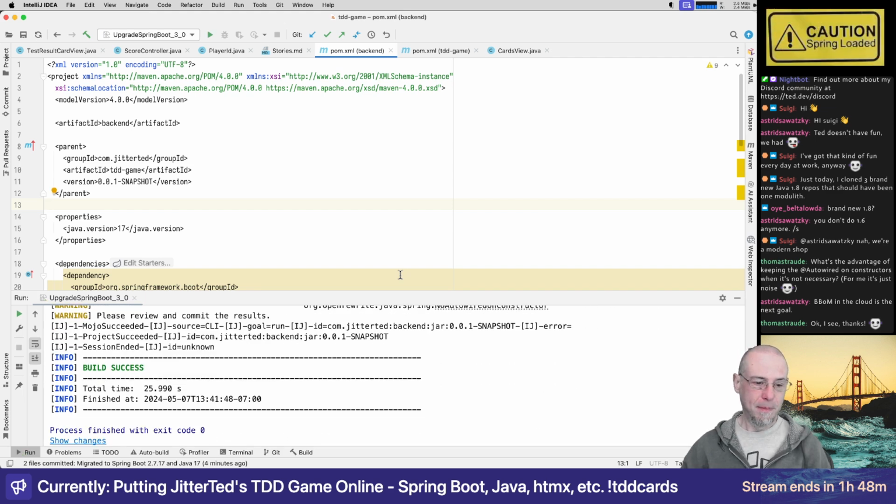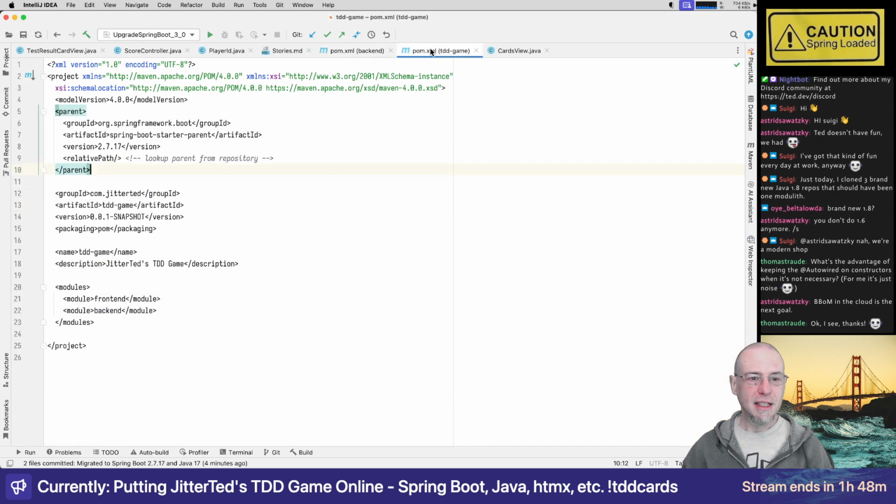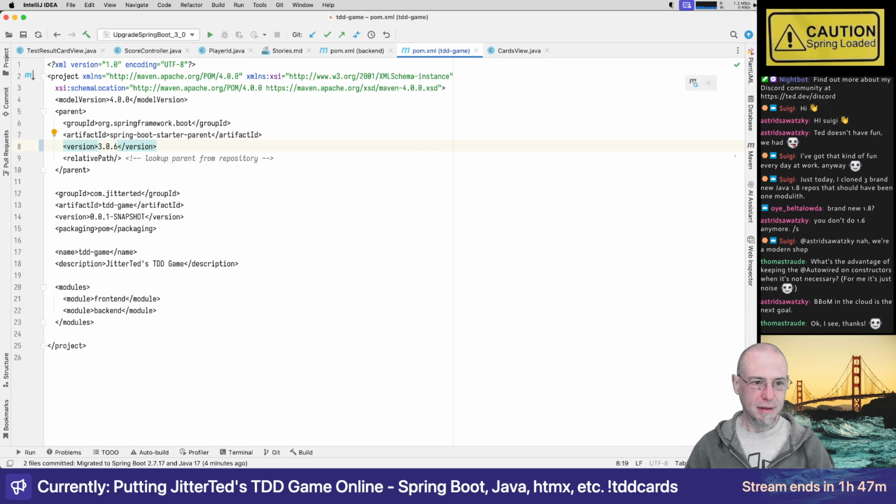All right. But likely it did not change this. Yeah. Let's go change it manually. 3.0.6.